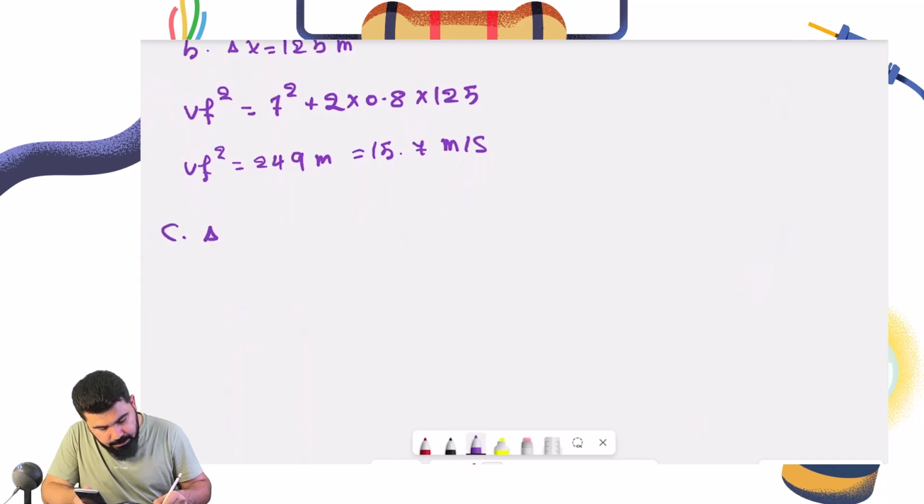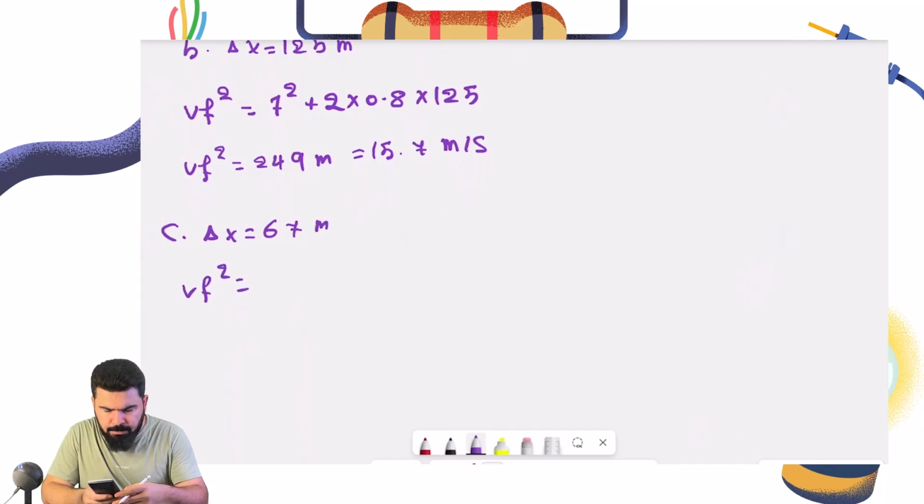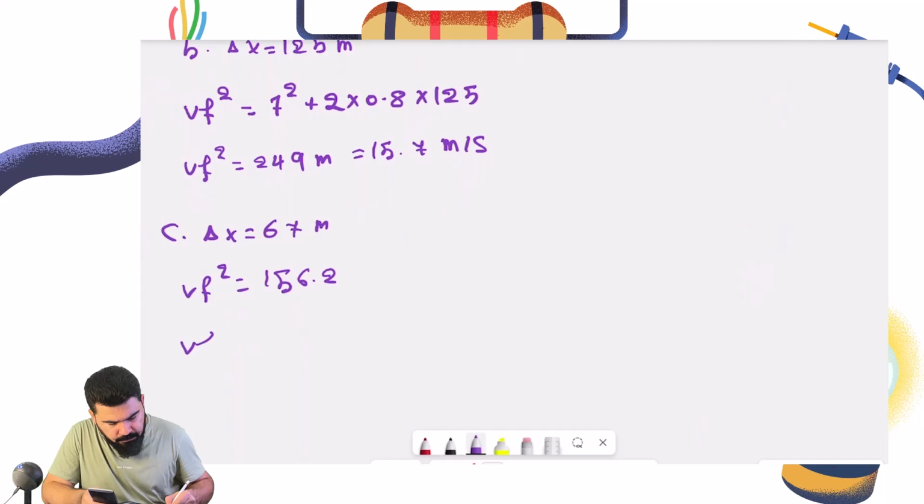Okay, part C, it says, what if this time delta x was equal to 67 meters? Okay, again, V final squared is equal to what? It is equal to 49 plus 2 times 0.8 times 67. Okay, we have 156.2. V final is equal to the square root of 156.2, of course.